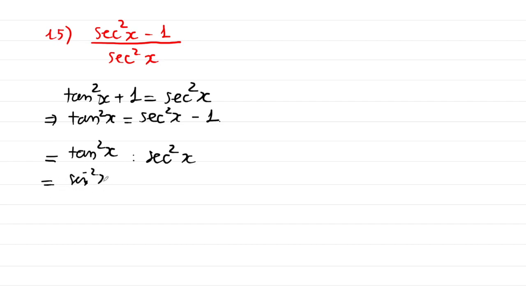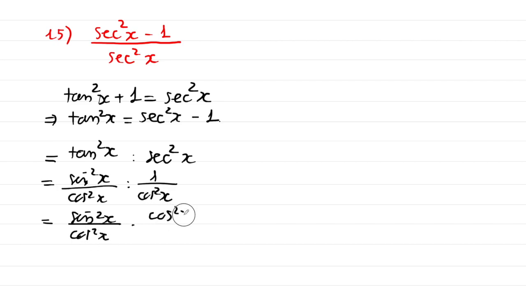So sine square x divided by cos square x times what? Divided by 1 over cos square x like this. Yeah, and I think you can finish this question by yourself. Times cos square x divided by 1 and simplify this factor, and the last one only has sine square x like this.